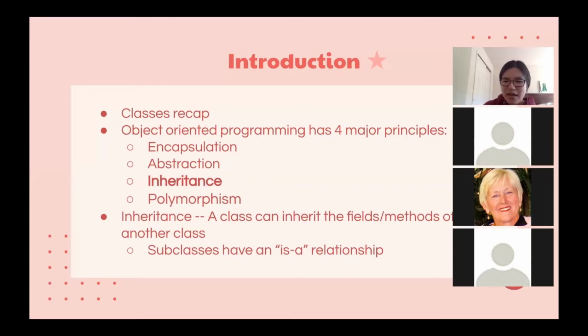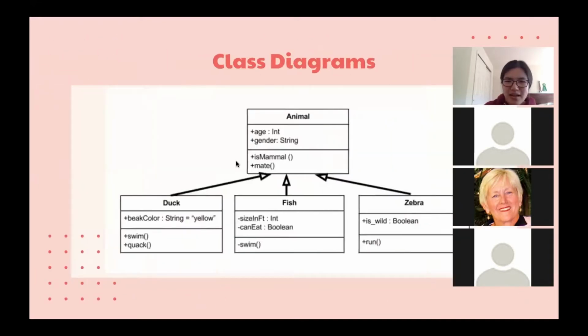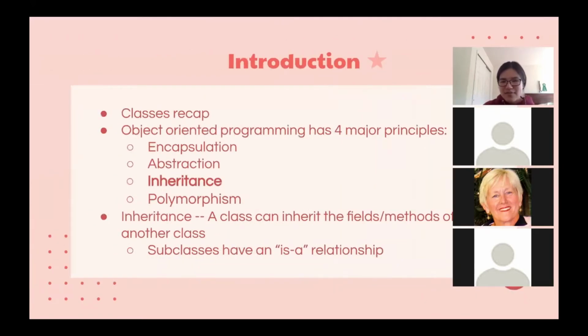When we're talking about making subclasses, we think of it as having an is-a relationship. Let's say we have a class called animal, and it has a subclass called fish. We think about it as fish is an animal, so it gets all the behaviors, states, and properties of the animal parent class. This is a little different from things like class variables.